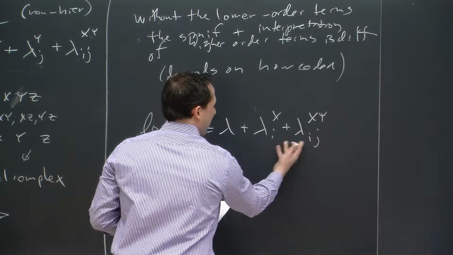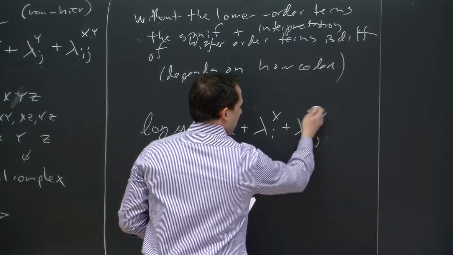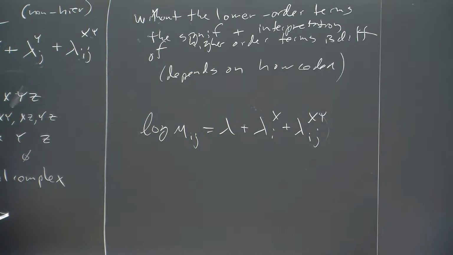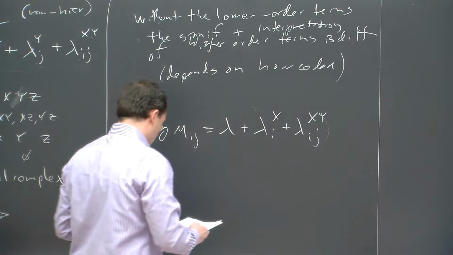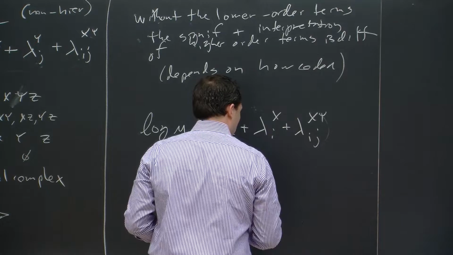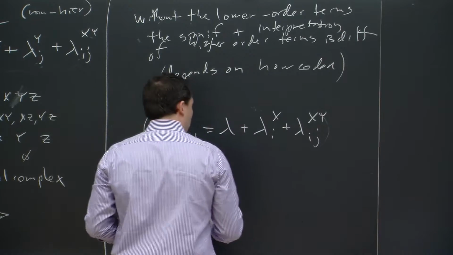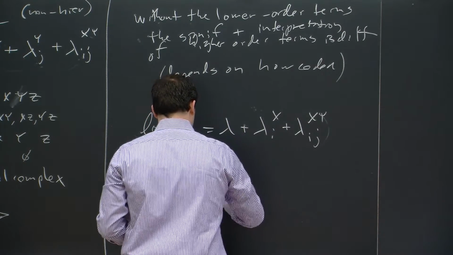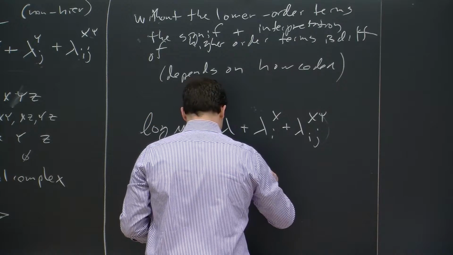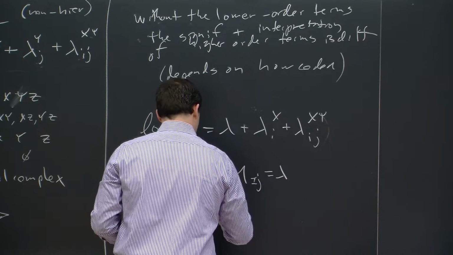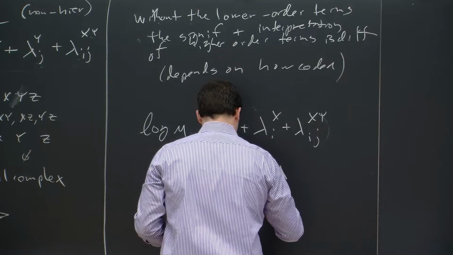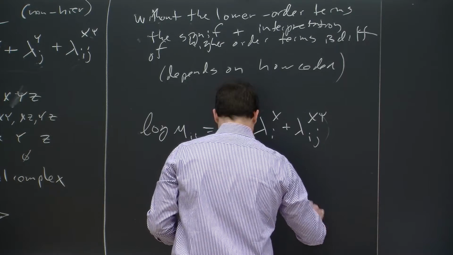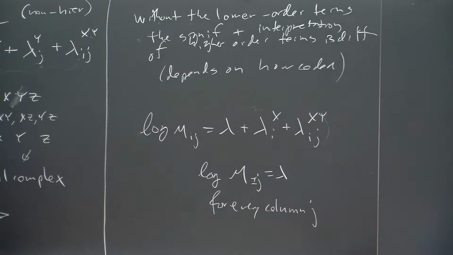We've interlinked the interaction term with y, and this is related to the constraints that we've made. In other words, we've forced log u_ij to equal lambda for every column j. Usually that's not what we want to do, unless we have some specific idea of our model that makes sense.